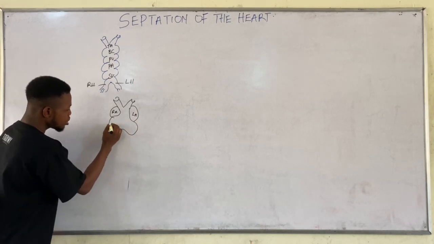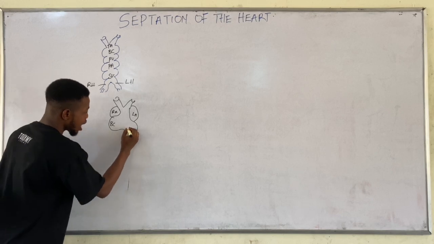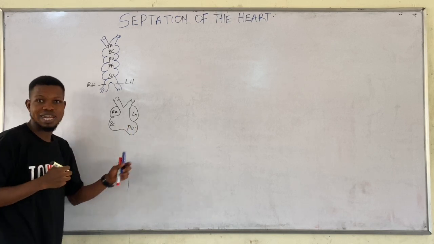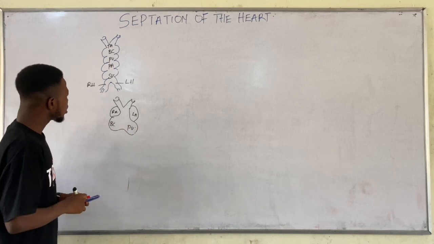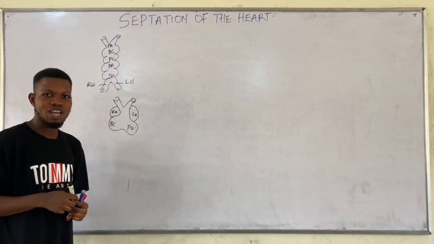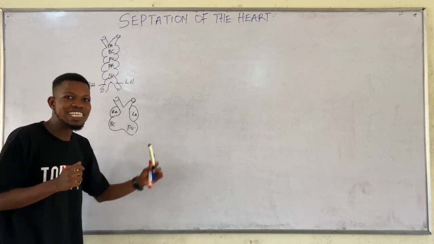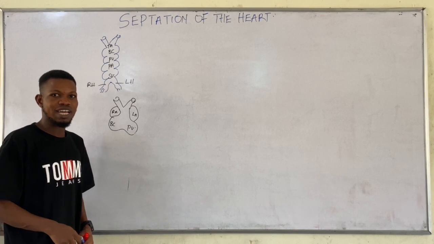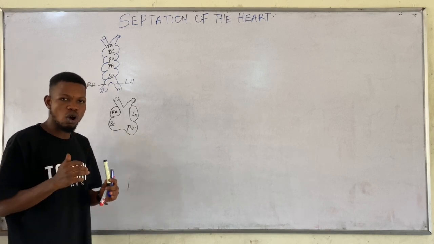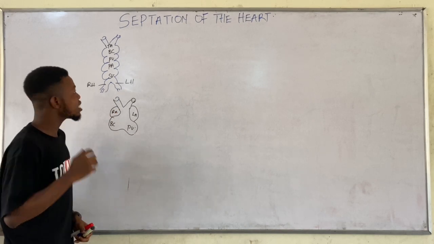And here we have the bulbous cordis that is going to give rise to our right ventricle, and the primitive ventricle, which will give rise to our left ventricle. Now, in the septation of the heart, we want to look at the septa formed between the right AV canal and the left AV canal, and also between the atrium and the ventricles. Now, let's go into it.